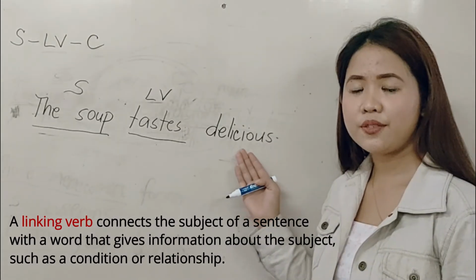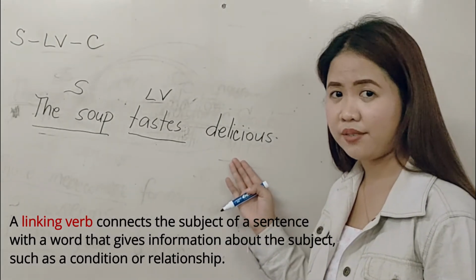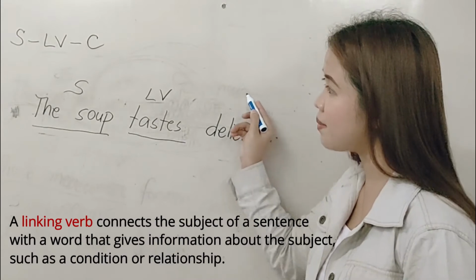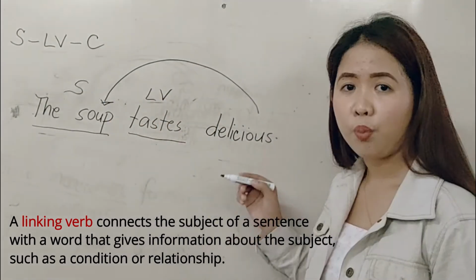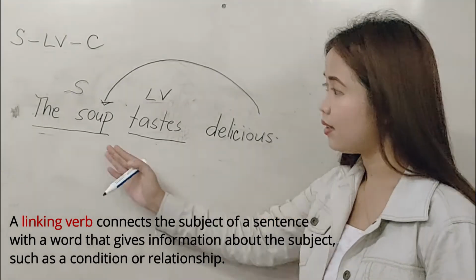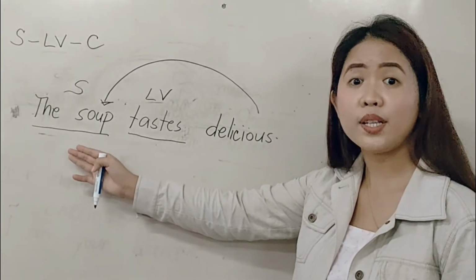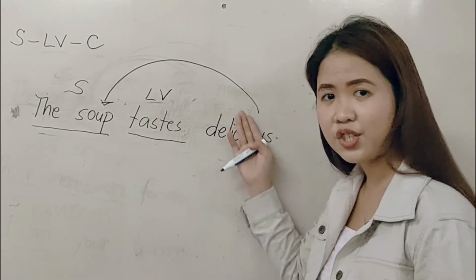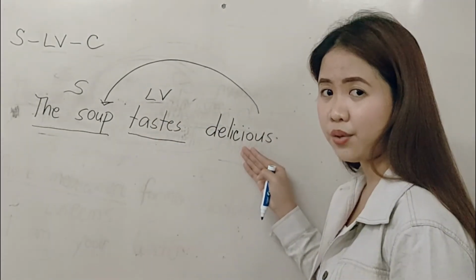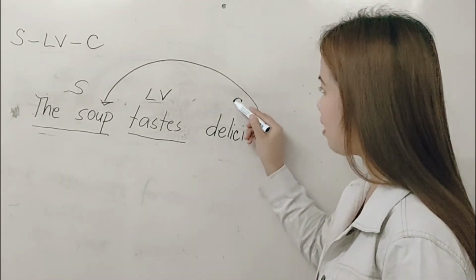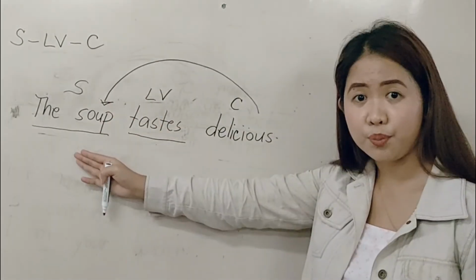The word delicious functions as an adjective, which describes the state of being of the subject, the soup. What is delicious? The soup. And how can we describe the soup? Delicious. Meaning to say, this word, delicious, is a complement of the subject, the soup.